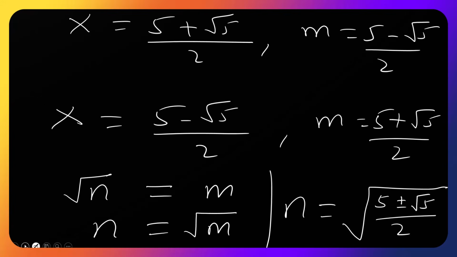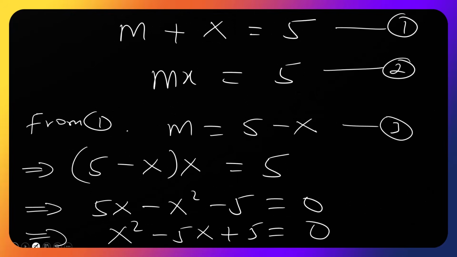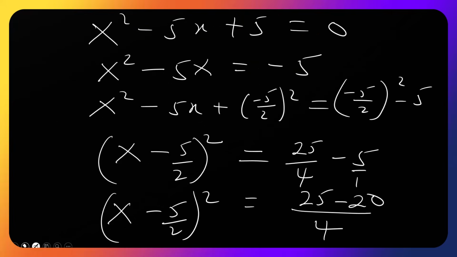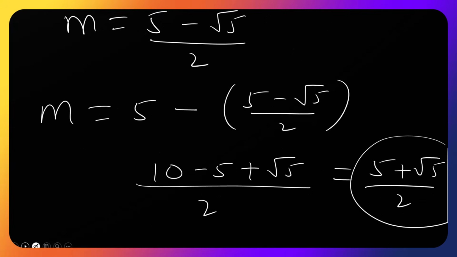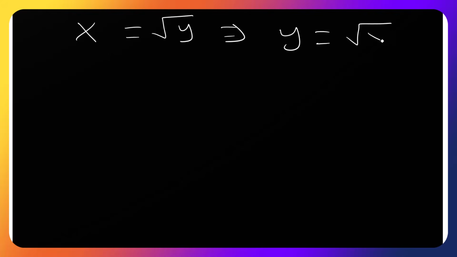And for x, let's look at x. So x is square root of y. It means y will be x squared.